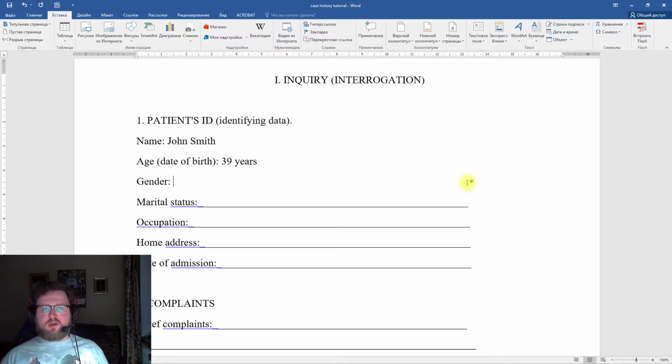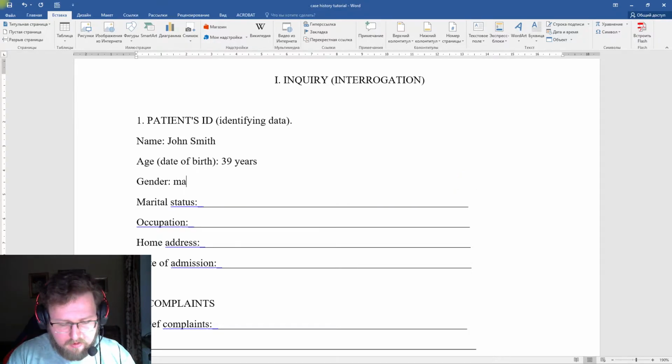It doesn't matter if he looks like a male or female. If you live in a politically correct society, you have to ask his gender. So let's imagine that this is a cisgender person, his name is John Smith, and his gender is male.